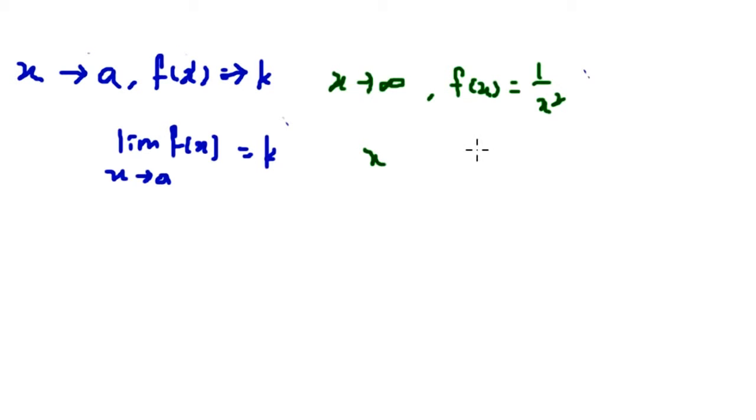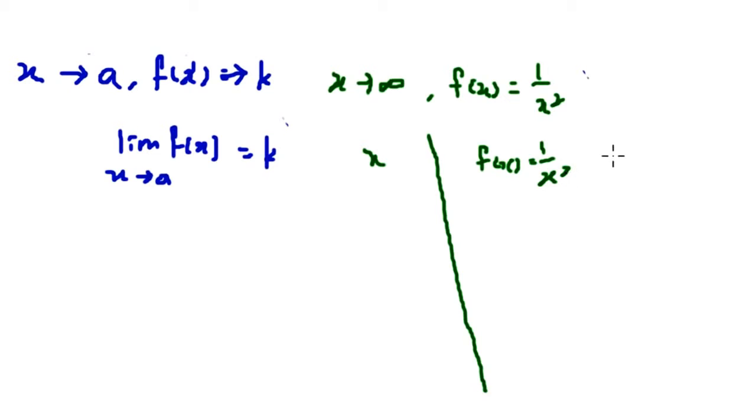For example, this is x and this is f(x), which is 1 over x to the power of 2. I am tabulating a table for this question.